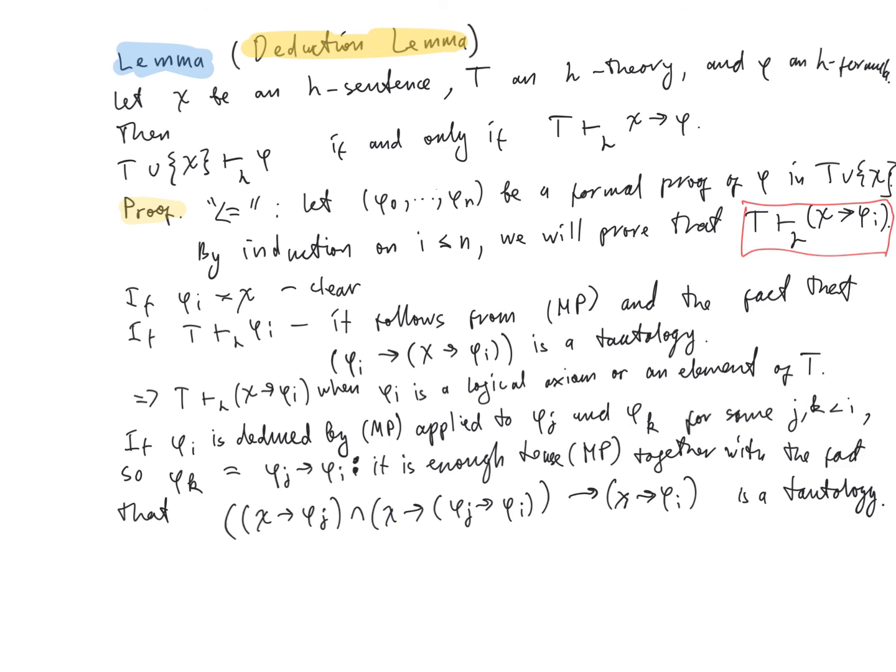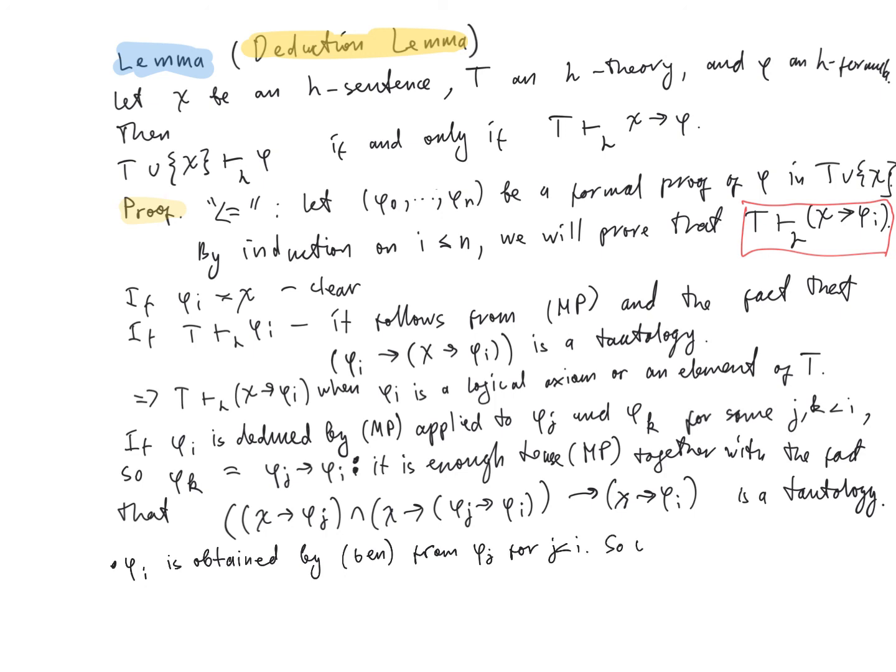Finally, we have to consider the case when φ_i is obtained by the generalization rule from φ_j for some j strictly less than i.